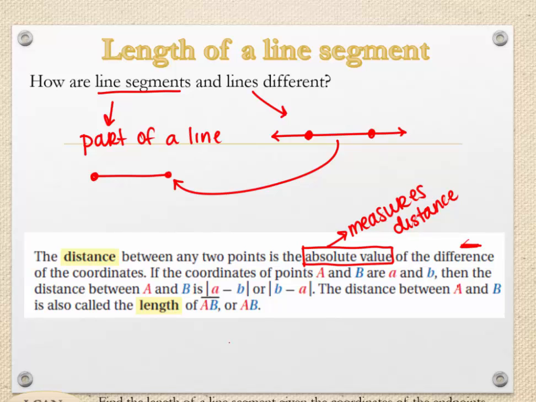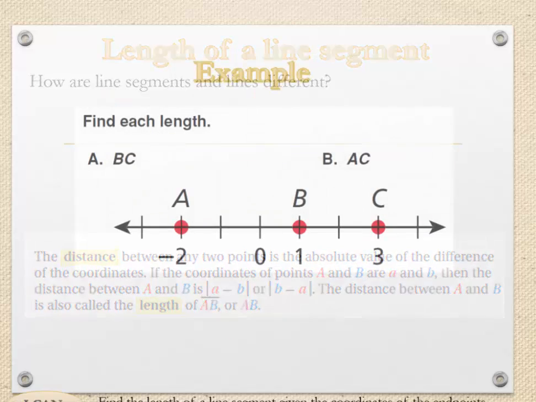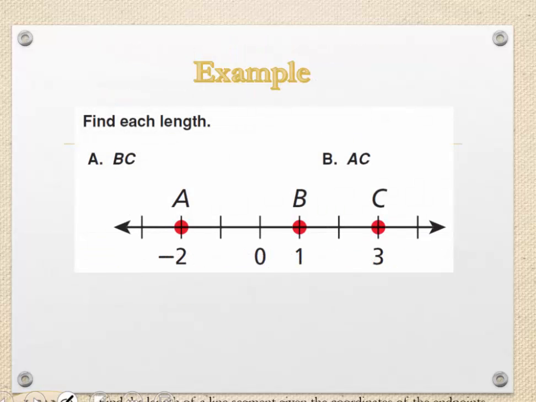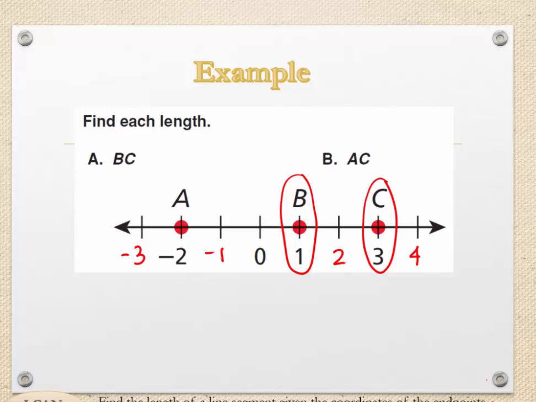Now, I know that's really confusing, but let's do a problem, and it'll make a lot more sense. So, pretend you have this number line here. We could fill in all the numbers if we wanted to. And I told you to find the length. So the length of BC means that we're going to take these coordinates right here, 1 and 3, and we're going to subtract them. And all that was saying on the other slide is that it doesn't matter what order you put them in.